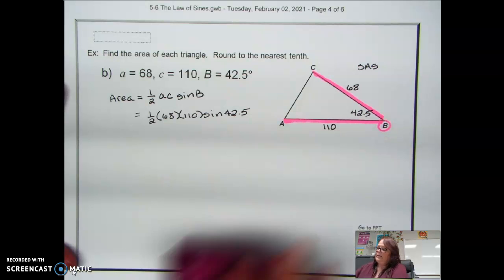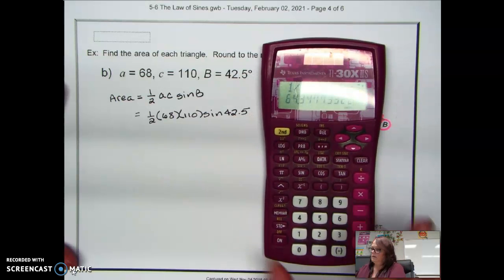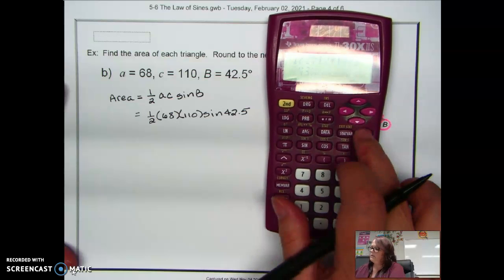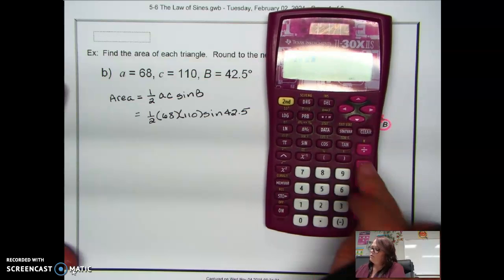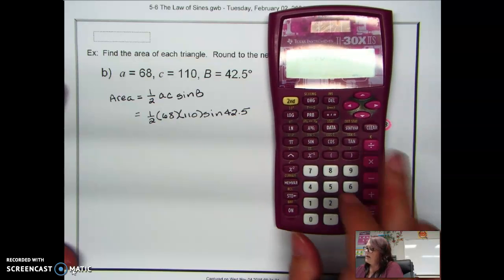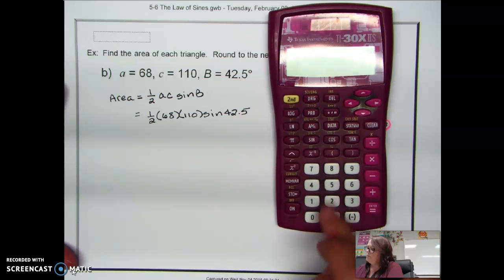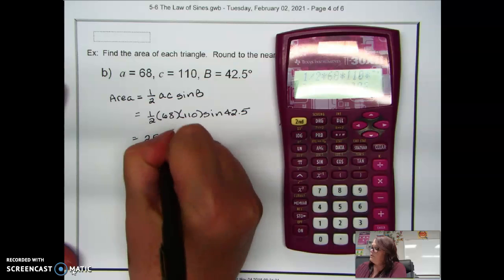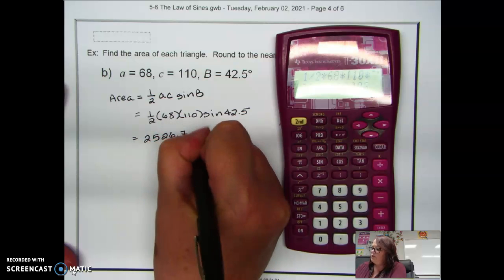And so then if we plug that into our calculator, trying to get a good glare on there so you can see the numbers, we get 1 divided by 2 times 68 times 110 times the sine of 42.5 gives me 2,526.7 units squared.